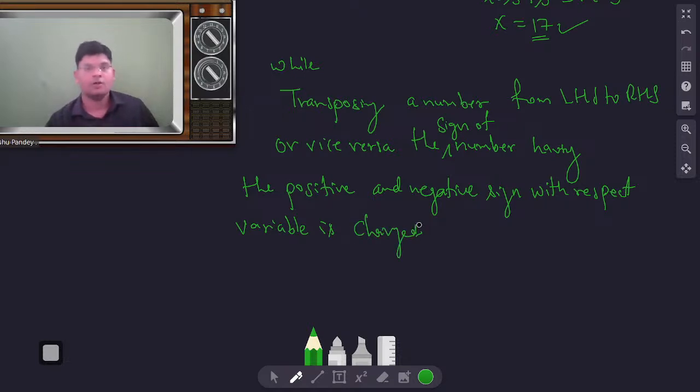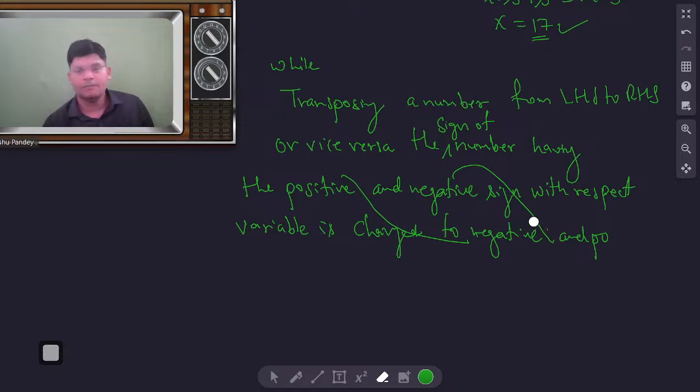Understood? While transposing a number from LHS to RHS or from RHS to LHS, the sign of the number having the positive and the negative sign with respect to the variable is changed to negative and positive respectively. Means positive is going to be changed to negative and negative is going to be changed to positive.